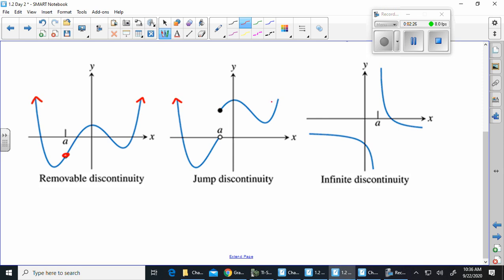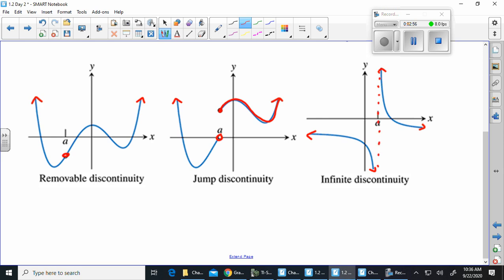The next picture, jump discontinuity. That is not continuous at A. Why is it called a jump? It jumps from here to there and then the graph continues. But if I said, is that graph continuous as a whole? No. Infinite discontinuity is really when you have an asymptote.